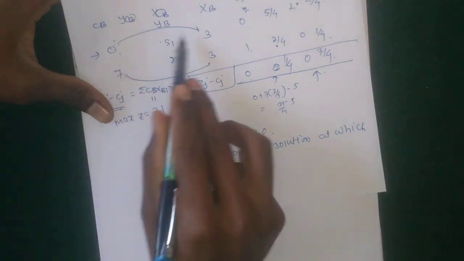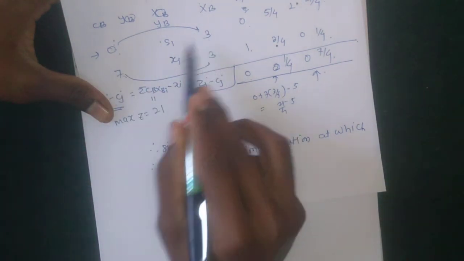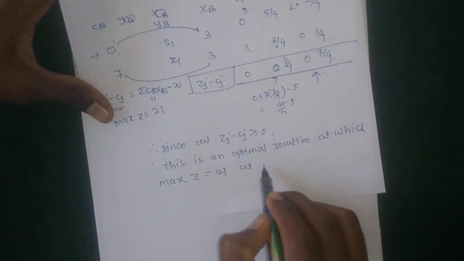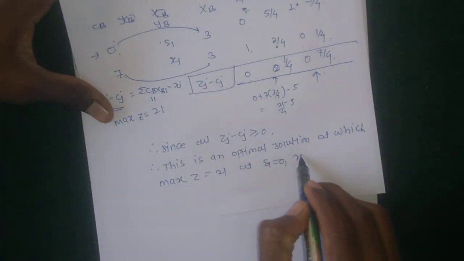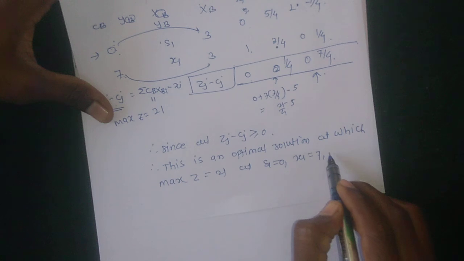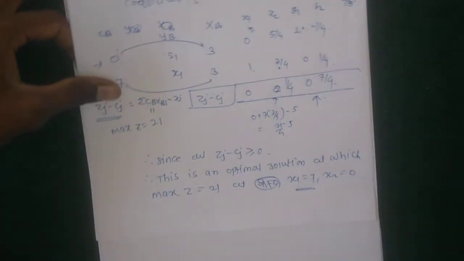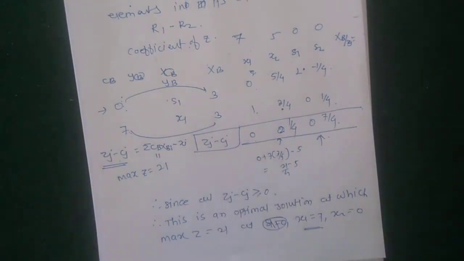Summation of cb xb is 0 into 3 plus 7 into 3, which is 21, at point s1 is equal to 0 and x1 is equal to 7, that is x2 is equal to 0 and s2 is equal to 0. We don't need to write this, only x1 is equal to 7 and x2 is equal to 0. This is our solution. Okay, so this is very simple.